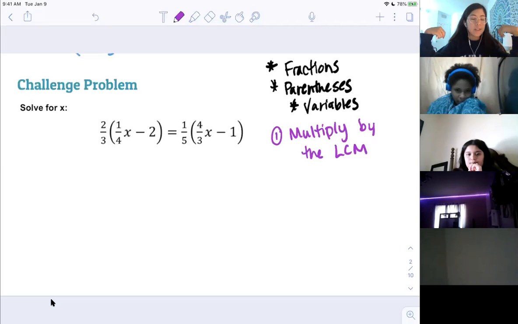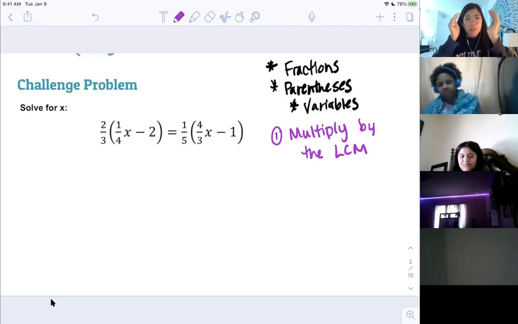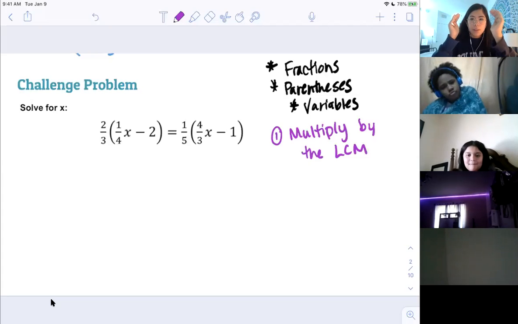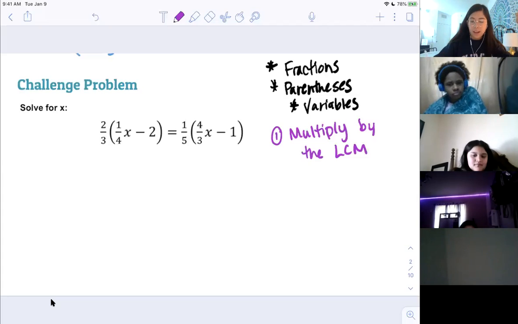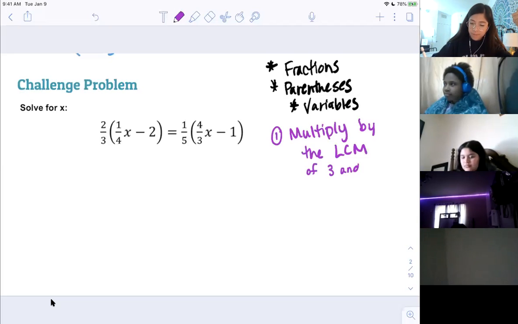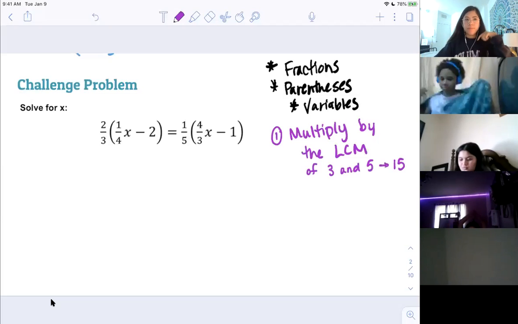Outside, exactly. Because remember, the stuff on the inside is kind of in its own little bubble. It's protected. So we're going to get rid of the outside. So I'm looking for the LCM of what 2 numbers? Of 3 and 5, which is, like Ascania just said, 15.